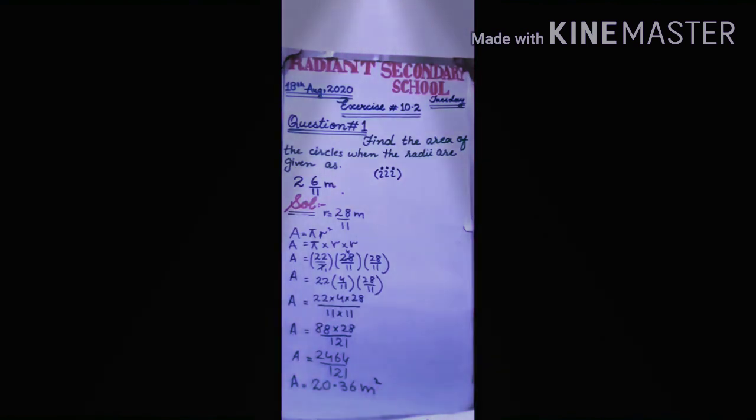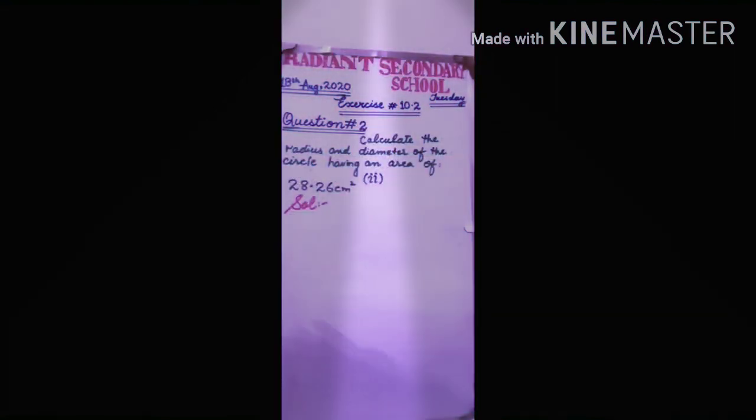Okay, that is our required area. And part number 1 and part number 2 are so simple. You have to do them with this same method, those 2 parts by yourself.